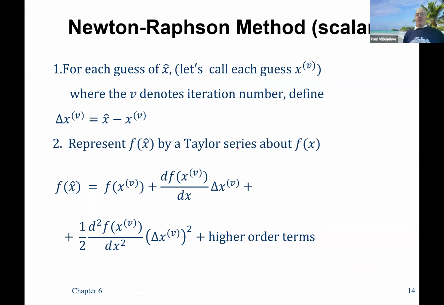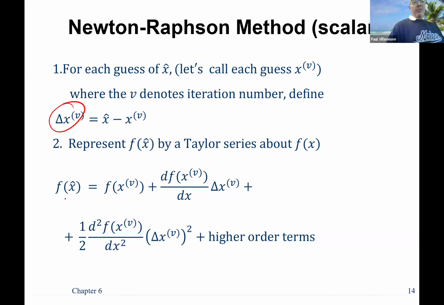And so this is the process, right? For an initial guess, we'll call that our initial iteration. We're going to update our value of x based on solving for this delta x. How do we get delta x?